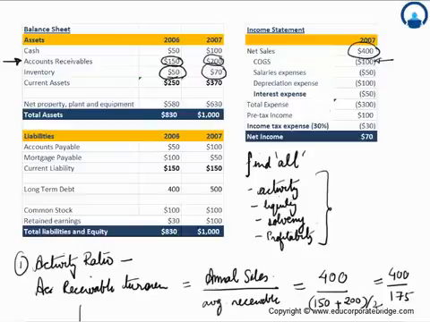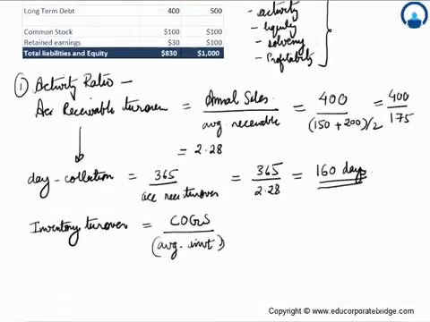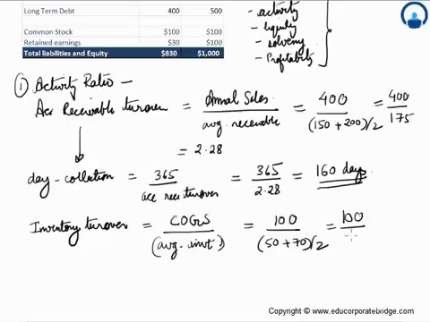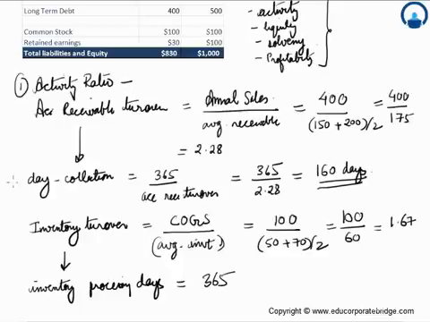So I'll use this in our formula. 100 is our COGS and the inventory is 50 and 70. So we'll take an average of these two. So this would be 100 divided by 60, and this comes out to be around 1.67. And if we have to convert this into inventory processing days, the formula would be very simple and similar to the days collection period.